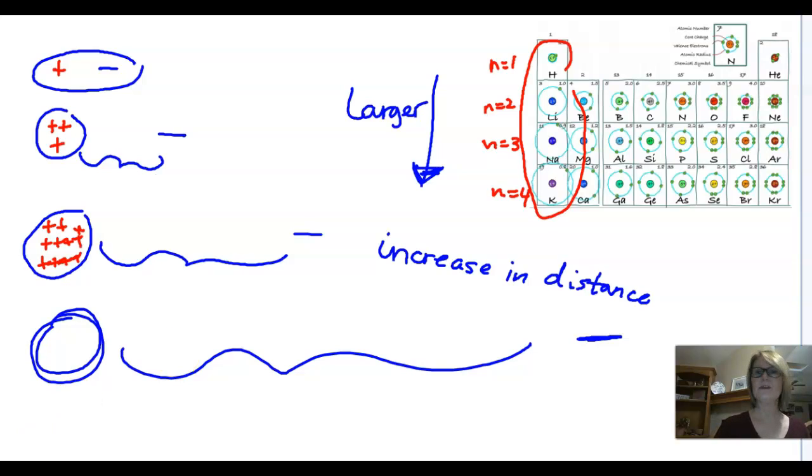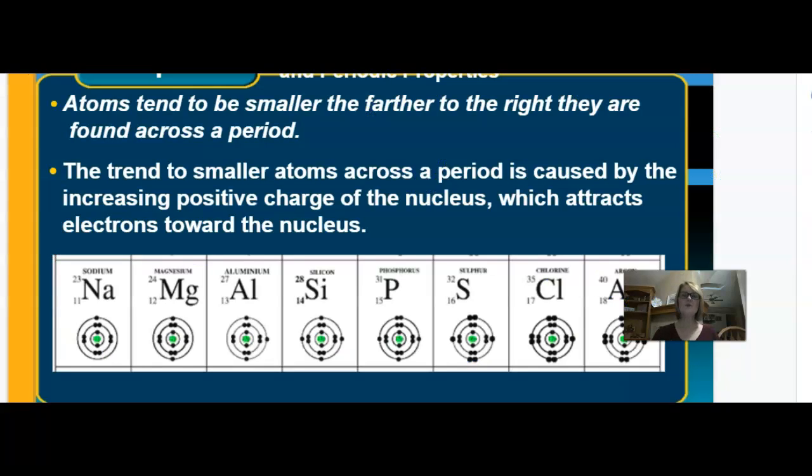Okay, let's look at one more thing real quick. Let's just read through the book definition. Atoms tend to be smaller the further to the right they are found across the periodic table. So as I go across, I am going to get smaller. The trend to smaller atoms across the table is caused by increasing positive charge of the nucleus, which attracts the electrons towards it, because the electrons are all the same distance away from the nucleus.